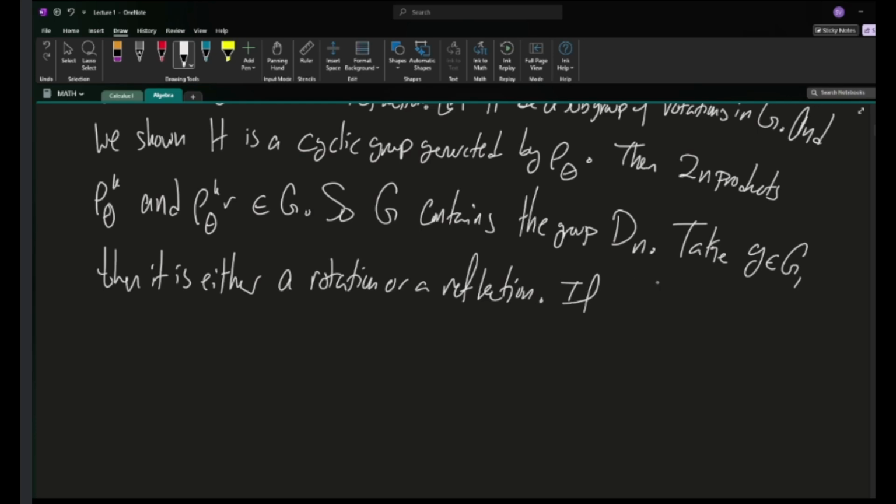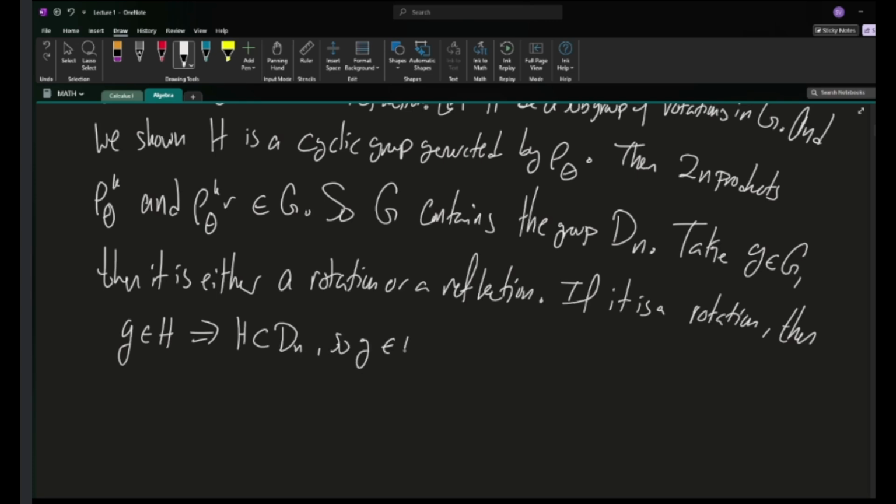If it is a rotation, then g is in H, and we've shown that's cyclic. Therefore H is also a subgroup of Dn. So G is in Dn.